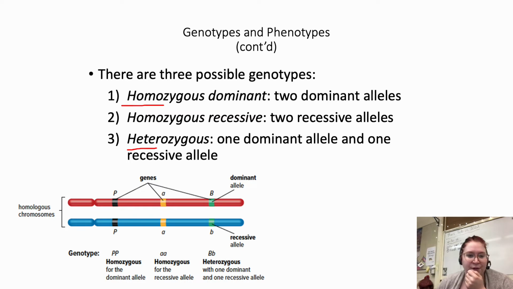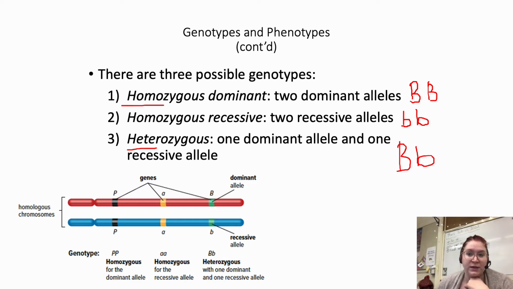Okay, so two dominant alleles would look like, let's keep using B, big B, big B. Write that down as an example. Homozygous recessive would be two of the little letters, so little b, little b. And heterozygous would be one dominant allele and one recessive allele, so big B, little b.